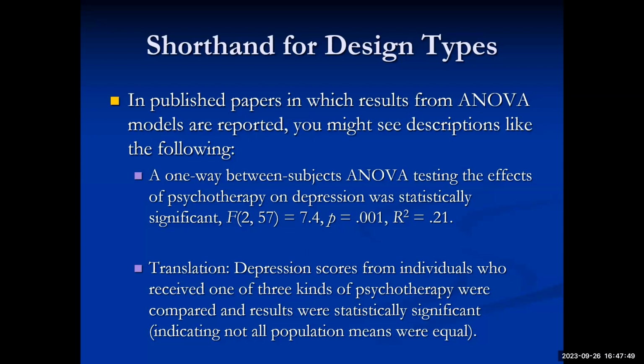The way we would read that is we would say F on 2 and 57 degrees of freedom equals 7.4, p equals 0.001, R squared equals 0.21. And then a loose translation for that statement is depression scores from individuals who received one of three kinds of psychotherapy were compared and results were statistically significant, indicating not all population means were equal.